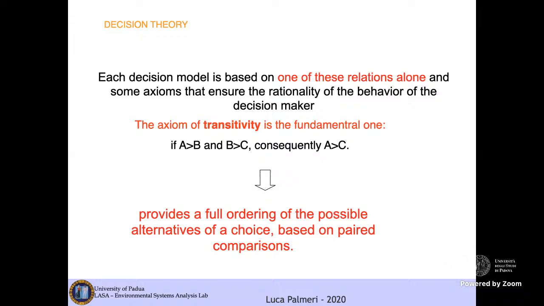We may say that if A is greater than B and B is greater than C, consequently A is greater than C. This provides a full ordering of the possible alternatives of choice. It is based on paired comparisons. So the axiom of transitivity ensures that the ranking of the alternatives we come up with in our decision is a complete ranking or a full ordering.